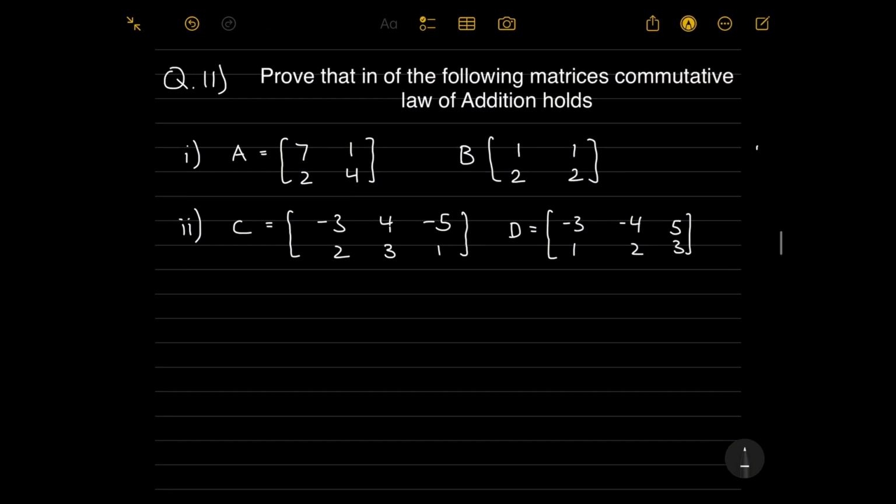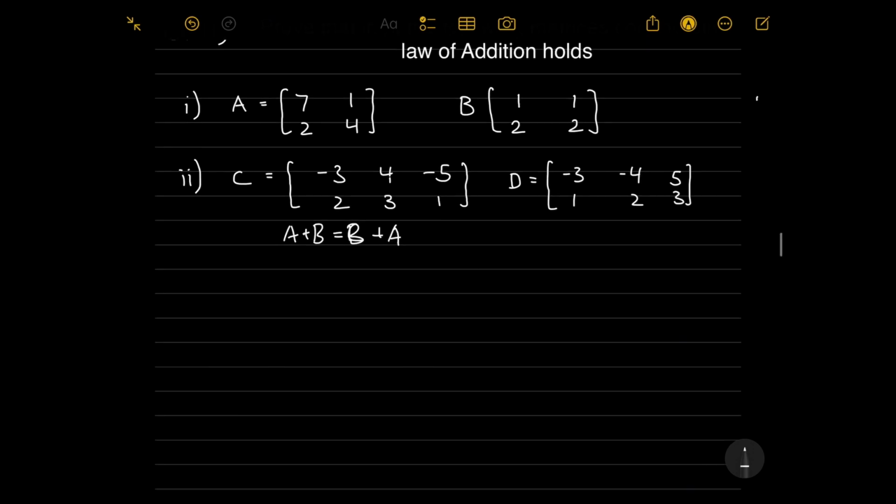So we know that the commutative property is a plus b equals b plus a. So a plus b, the left hand side first, which is equal to a plus b.